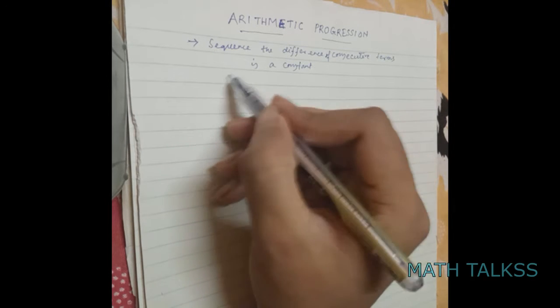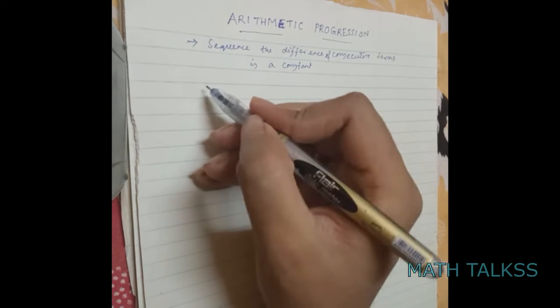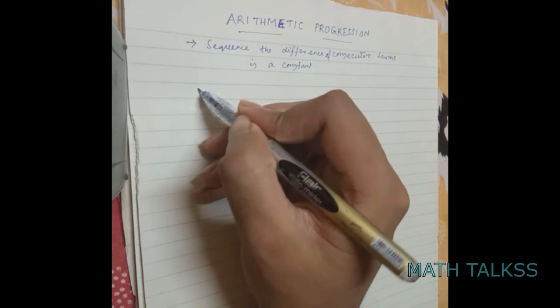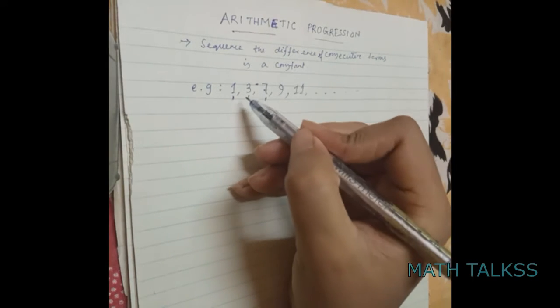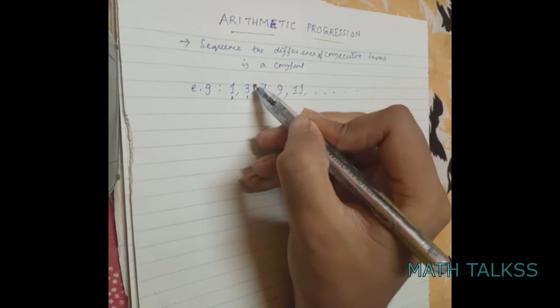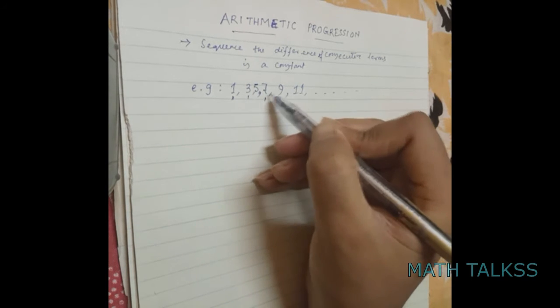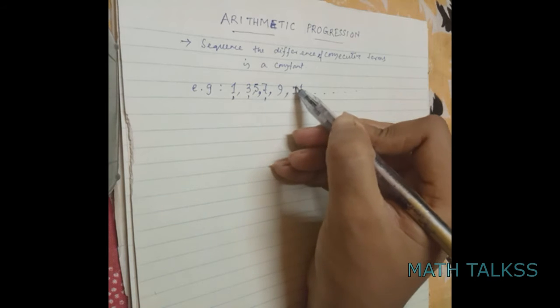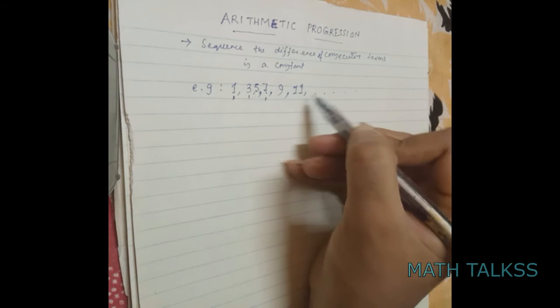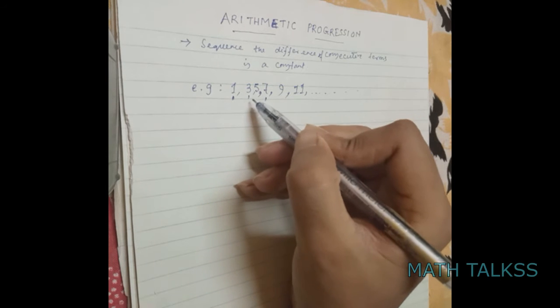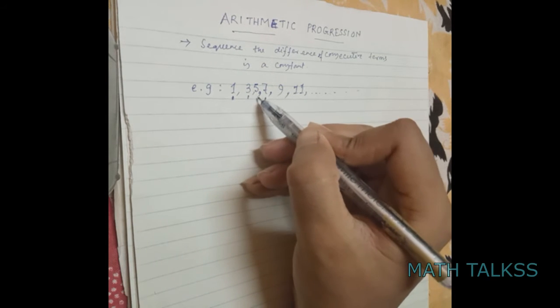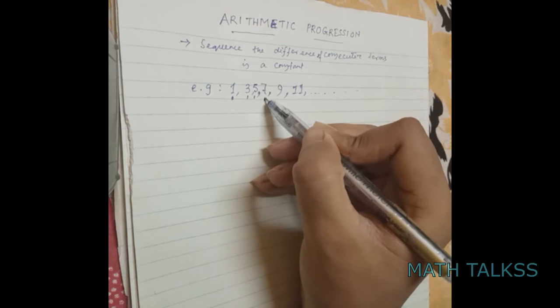Let us understand this definition with an example. Take the example 1, 3, 5, 7, 9, 11, and it continues. Here the first term is 1, the second term is 3, the third term is 5, then the fourth term is 7.